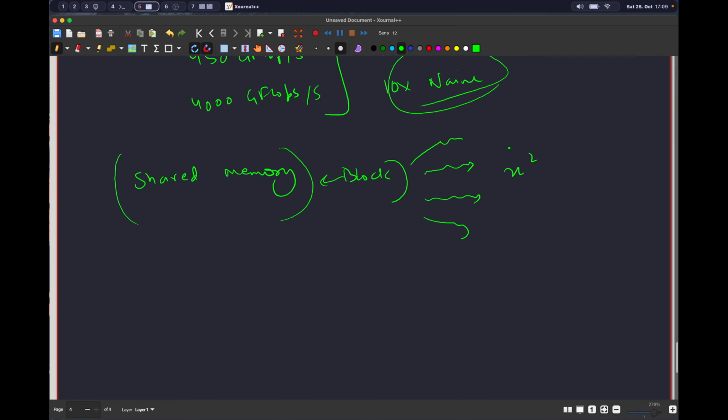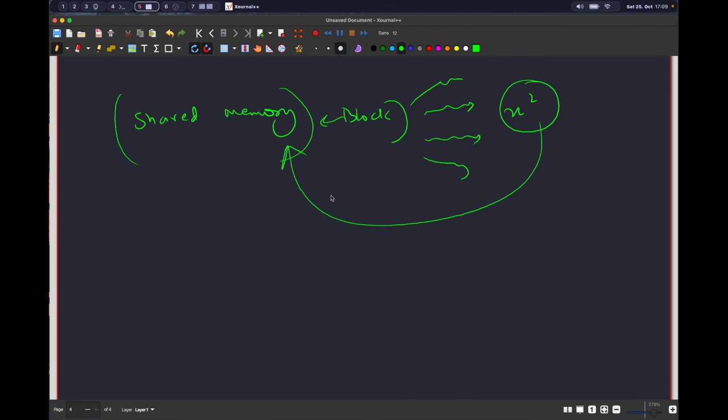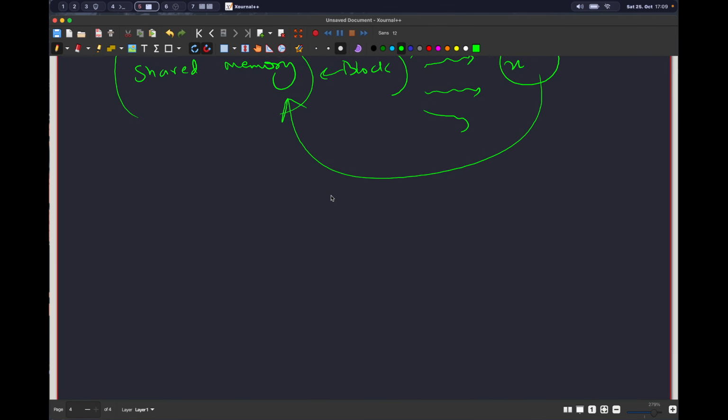So all of these x square threads can access the shared memory. Now you will ask, why do we need a shared memory over global memory? So although the shared memory has a very low memory bandwidth, it can store a small number of elements compared to the global one, but the time to read from it is extremely fast.